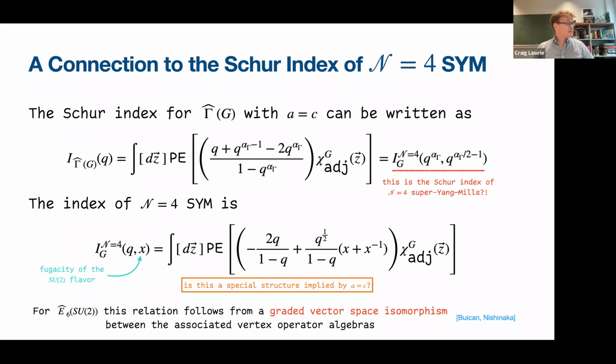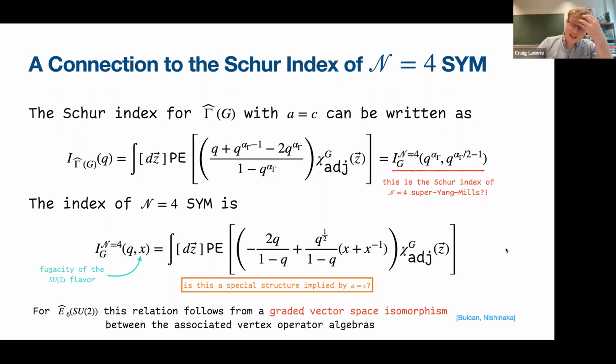I can't say I thought about it specifically enough to answer. Because if that were the case, then you could think that you deform the gamma hat theory, and that flows to n equals 4 super Young Mills, right? Something like that, where the SU2 symmetry emerges in the infrared, something along those lines.